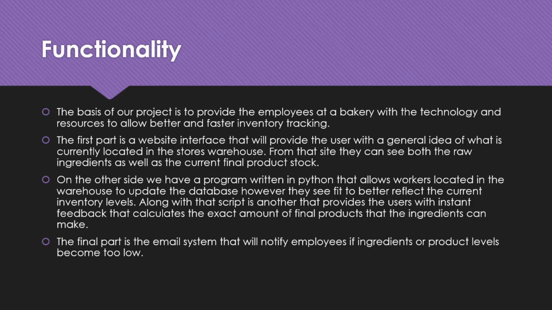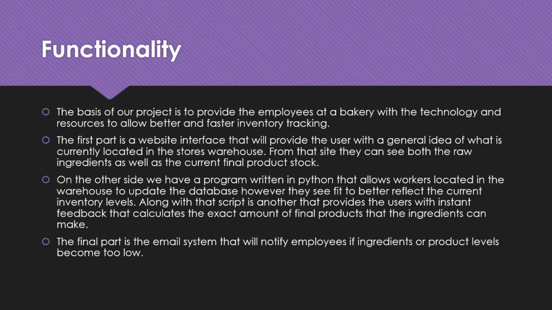It's a Python script that runs a database connectivity that allows the user to add, remove, and update all information pertaining to the database. The second script is meant to take the data on the raw ingredients and calculate how many final products, or products in general, can be created using those numbers.